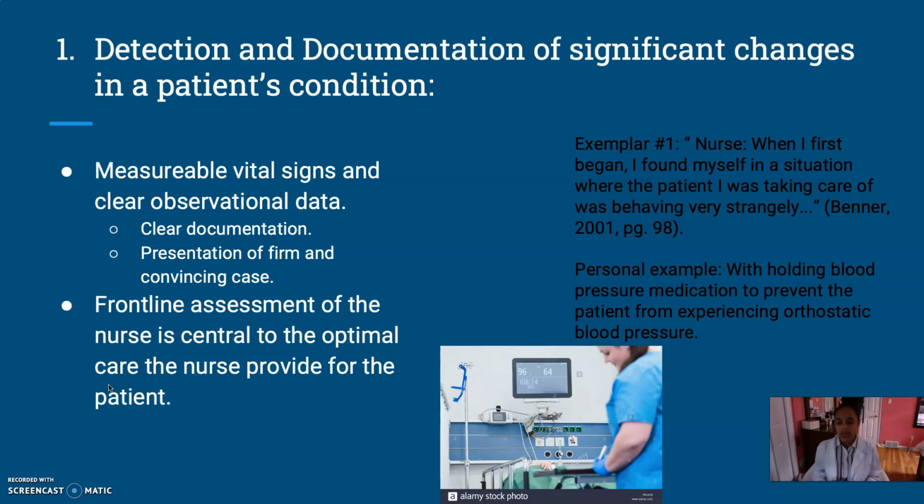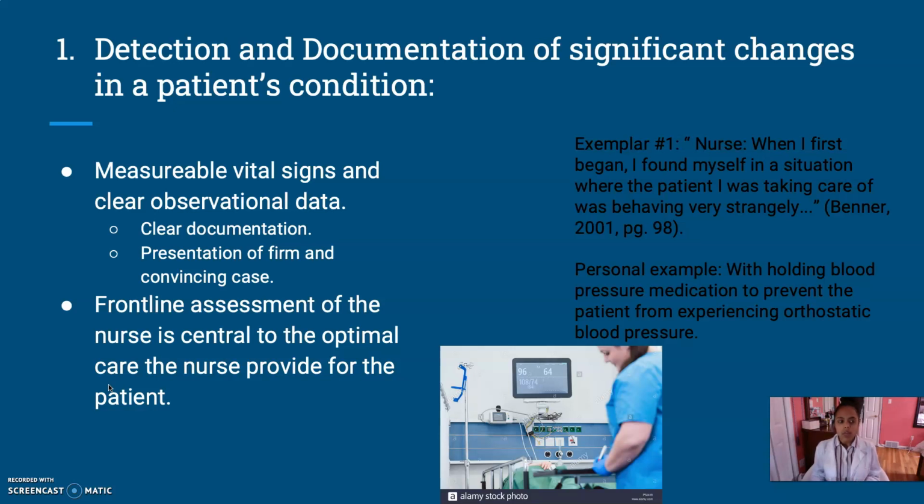And then a personal example I can provide is when I had a patient who was post-status fall as a student nurse the night before. He was experiencing orthostatic blood pressure, and I was supposed to give the patient medication the day after, and I saw that his systolic blood pressure was in the 110s.